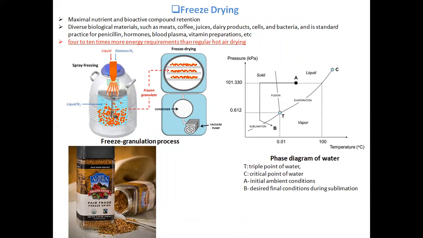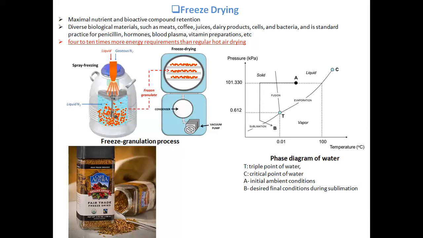Next, a special application of refrigeration is given in this slide, which is freeze drying. So why freeze drying? In order to retain the maximum nutrients and bioactive compounds in a few products, you will not cool or freeze the products slowly in the conventional way. For that you need some out of the way cooling known as freeze drying.